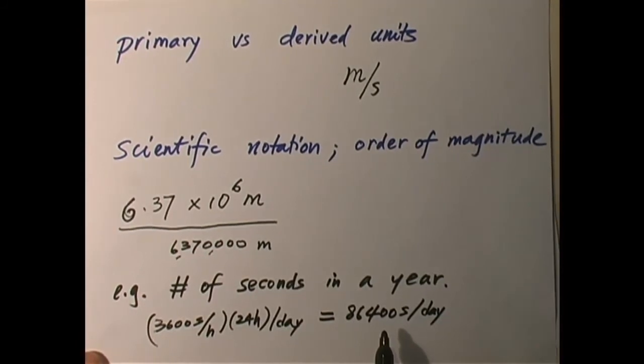Now, how many seconds do we have in a year? Well, no problem. You take that number, multiply by the number of days in a year, right? 365.25, whatever, or 365, you want to be just roughly.